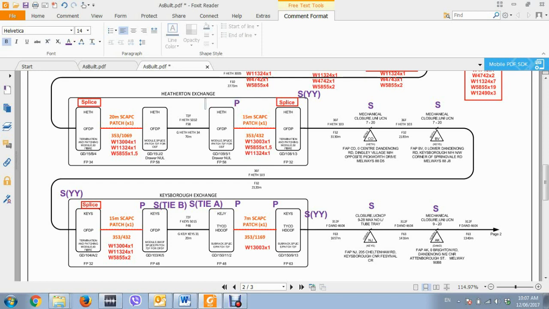Then here, like what we did below in Keysborough exchange, this is a splice and between brackets tie A. Then here S and tie B.